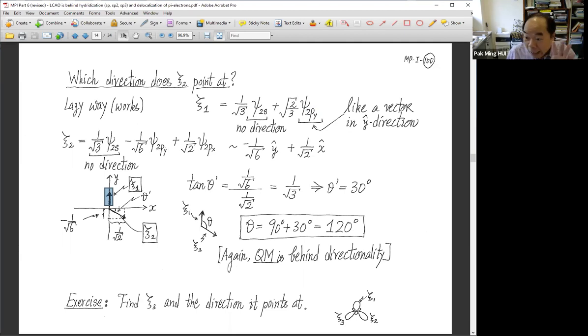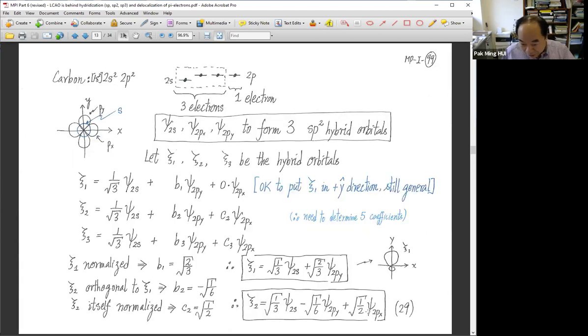For those who don't like this, now some students are very strict in doing physics, okay? Although I have been trying hard to relax your way of thinking. You should write down the wave function, and then you have a distribution in space, just like what I sketched to you, and then you look for the maximum.